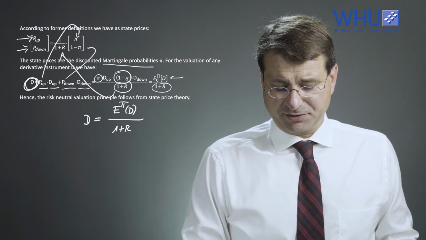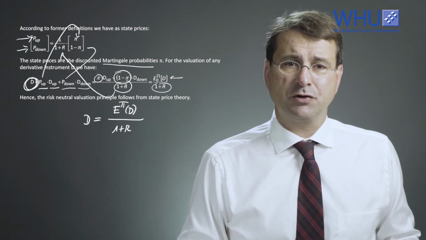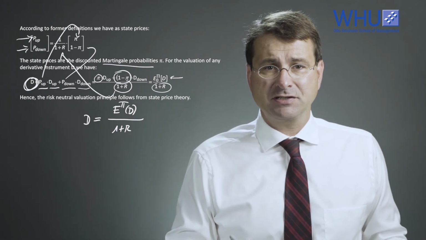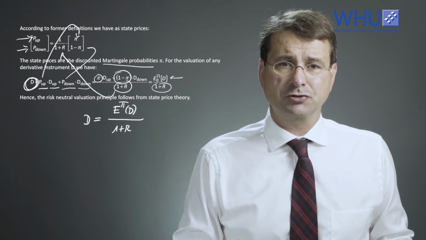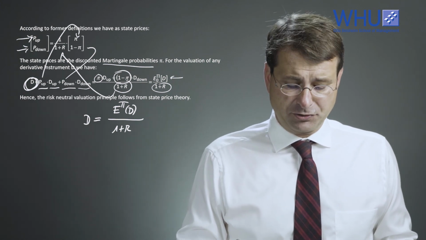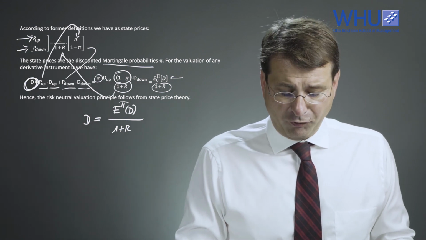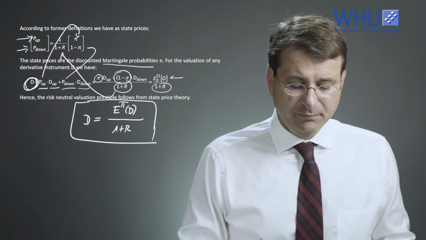Now, this pricing procedure here is based on a discount factor, which is the risk-free rate of interest. Typically, if you discount a risky cash flow stream by a riskless rate, this is called risk-neutral pricing. So people who are risk-neutral don't care for the risk, they discount with a risk-free rate. So what we have here is called a risk-neutral pricing procedure.